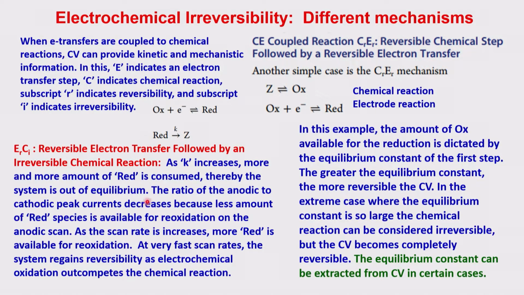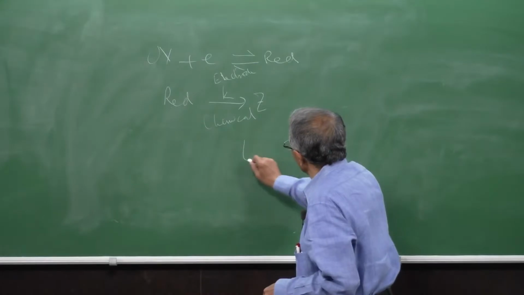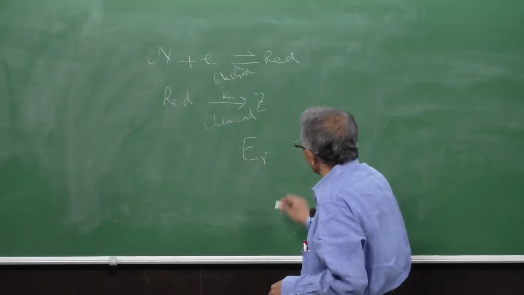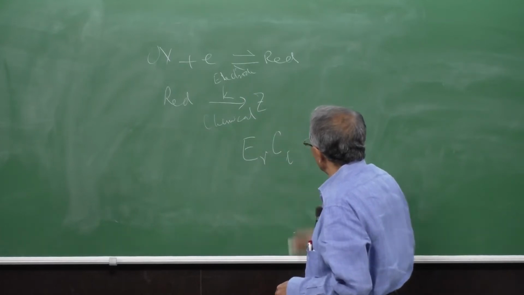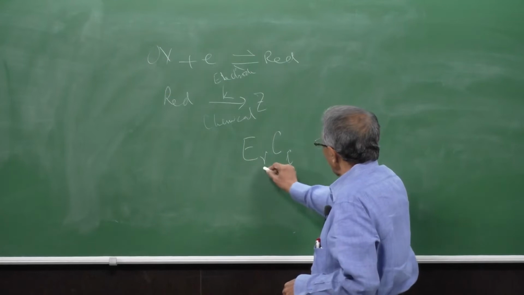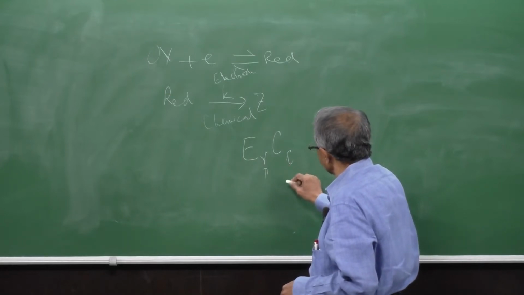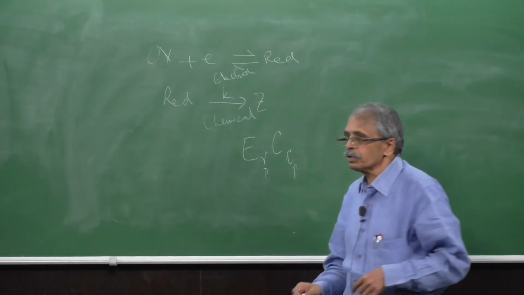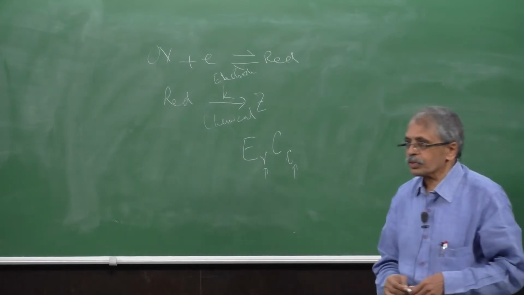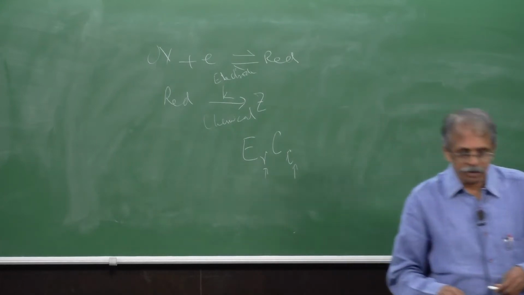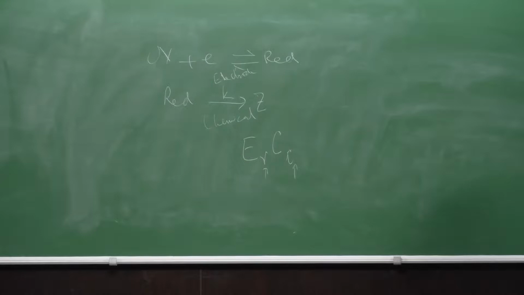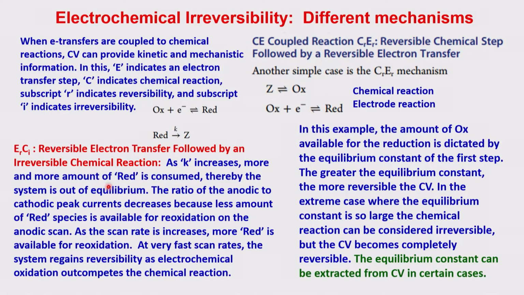You can look at this in terms of electrochemical being R and chemical being I. R refers to reversible and I refers to irreversible. So that means a reversible electron transfer followed by an irreversible chemical reaction.